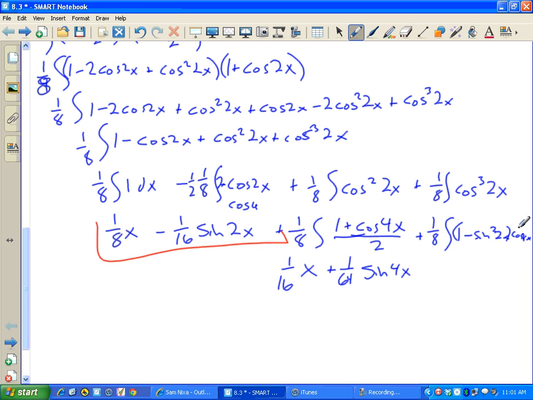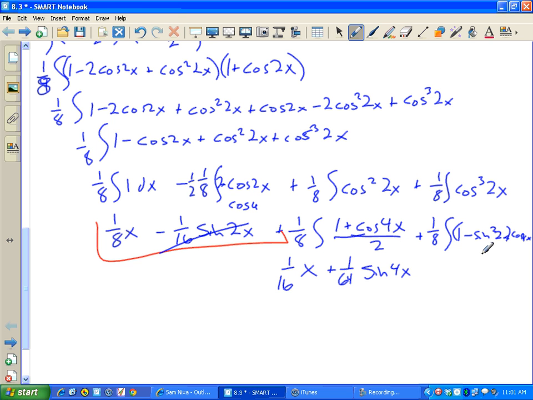This one, I'm going to be able to integrate cosine of 2x just like I did up here. So I get the same thing, actually, and since I'm adding it, that's going to cancel this one out. Okay, because I'd have cosine 2x just like I had up here. So that's actually going to get rid of this one.